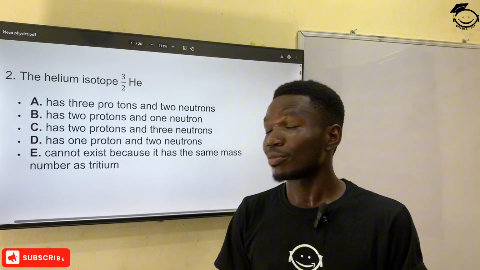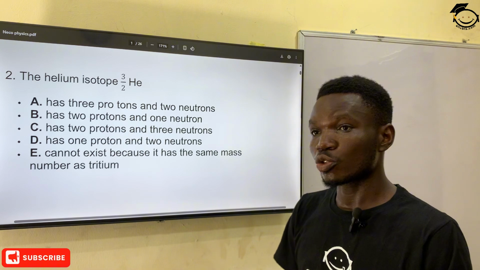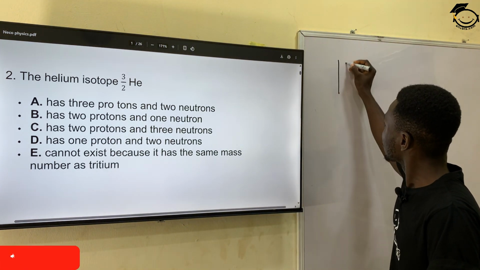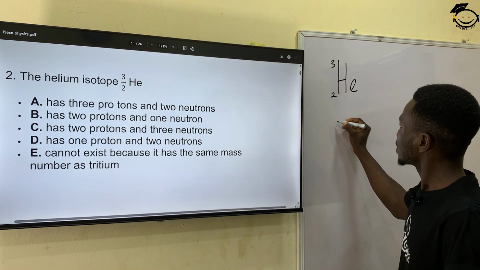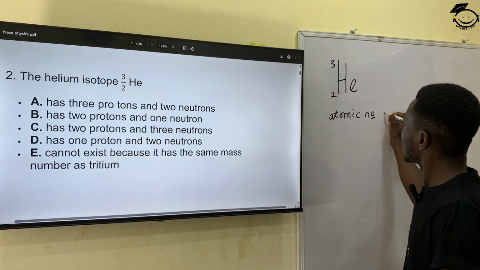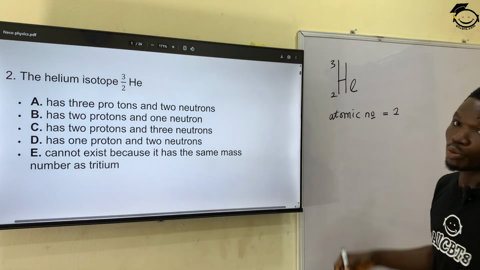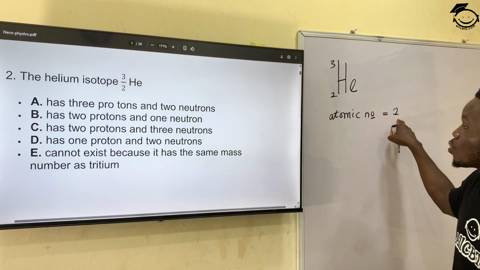Moving on to question number 2, it says the helium isotope He-3-2 has dash. We know that if I have helium He-3-2, the atomic number is always equal to the proton number. So if my atomic number is 2, automatically my proton number is also 2.